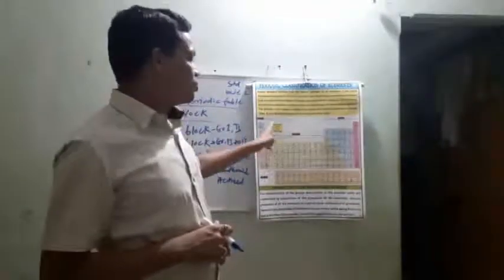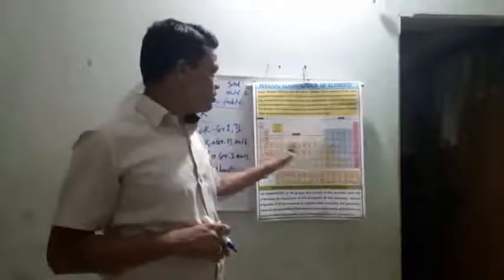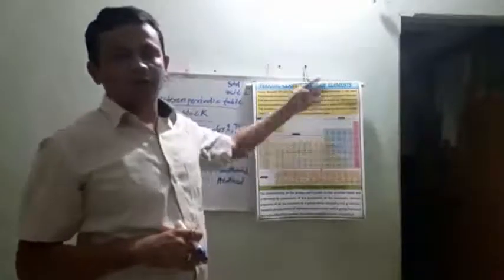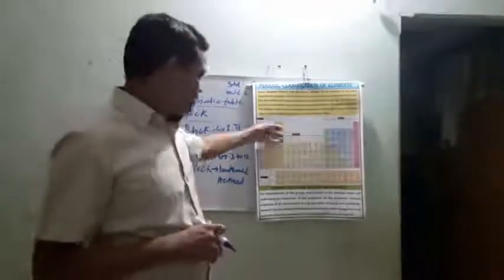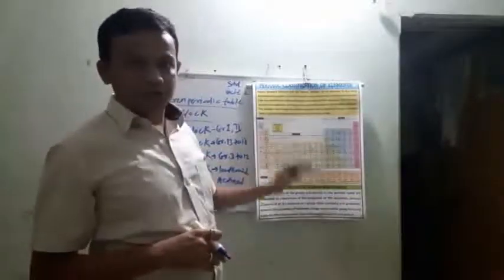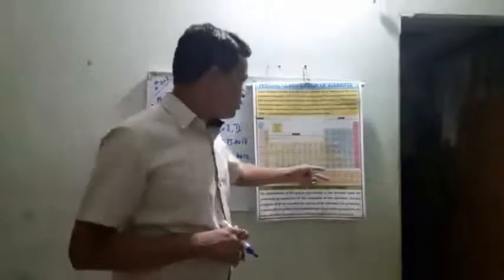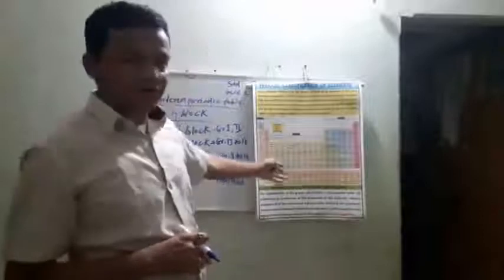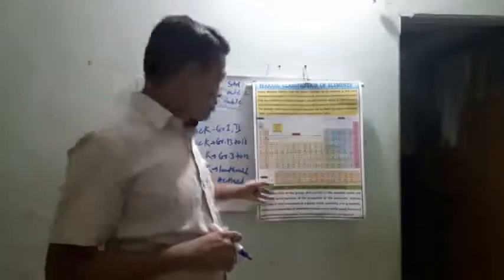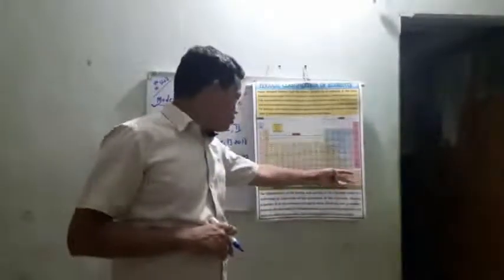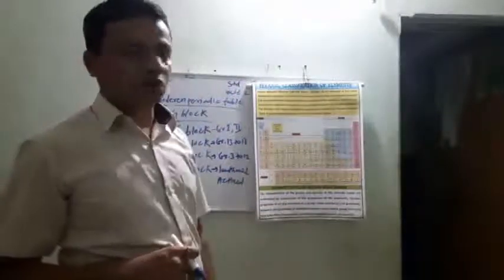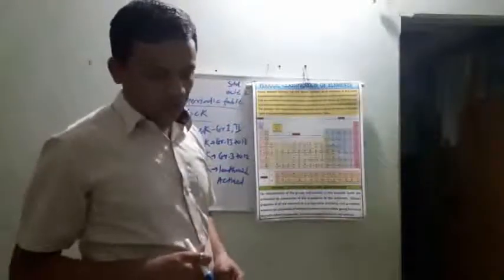Then from group 3 to group 12, these elements are included in the D block. And at the bottom of this modern periodic table, there are two series, the lanthanide series and actinide series, which are included in the F block. So in this way all these elements are divided into 4 blocks.